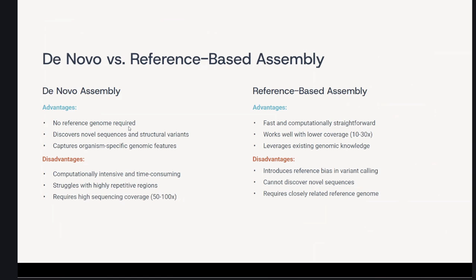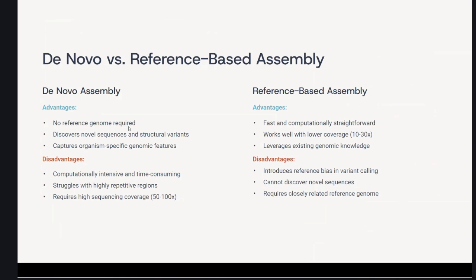Second, you can discover novel sequences. You will find something new if you use this approach, because it doesn't include any reference guidance. Then you can identify some structural variants in your organism, and you can capture some organism-specific genomic features.